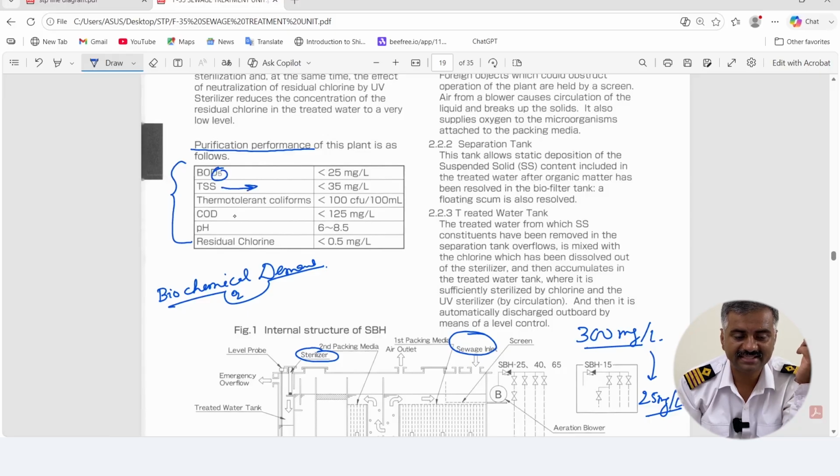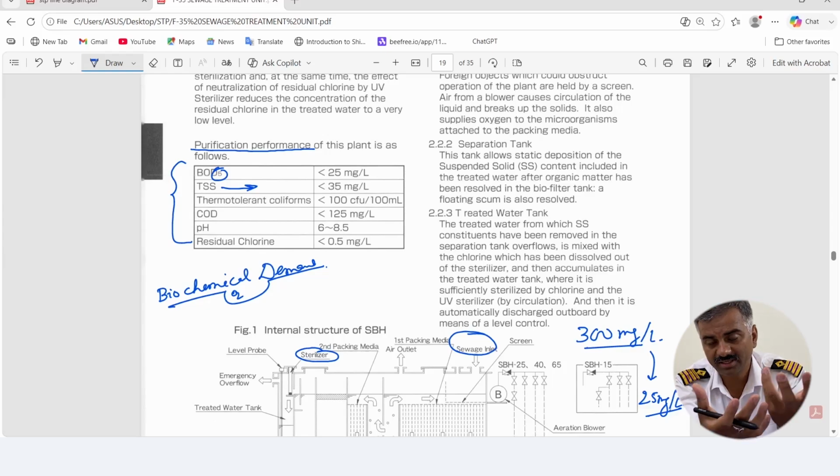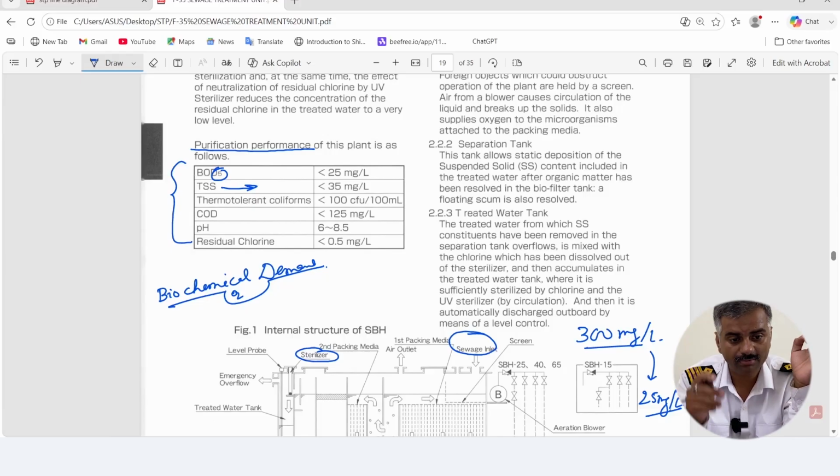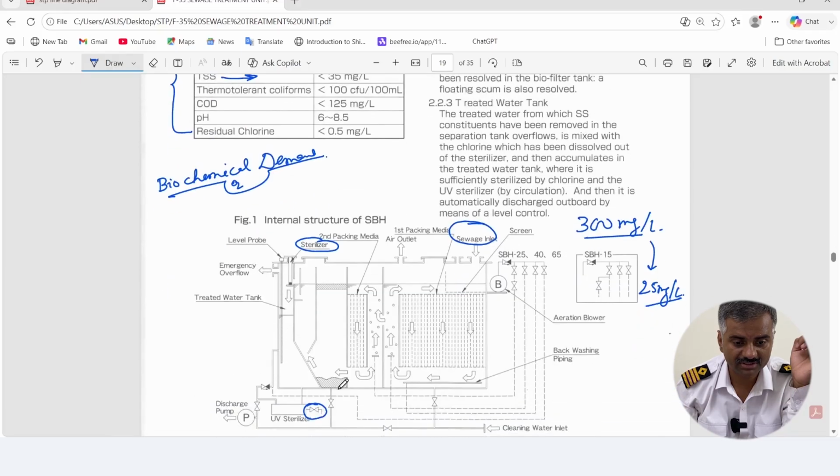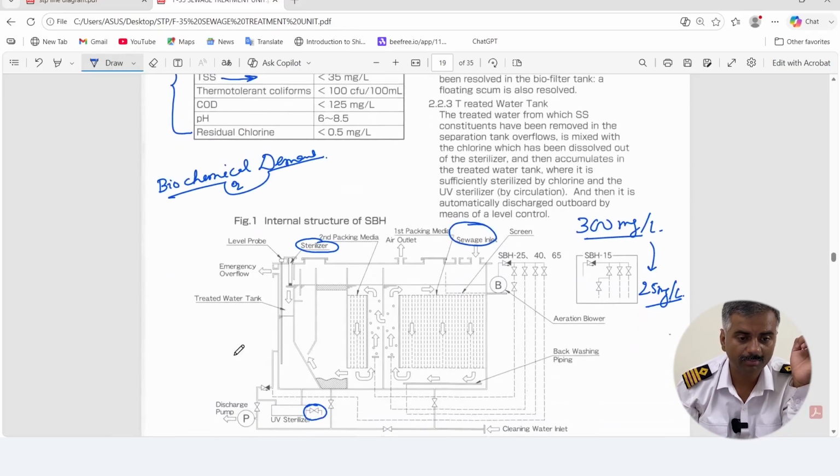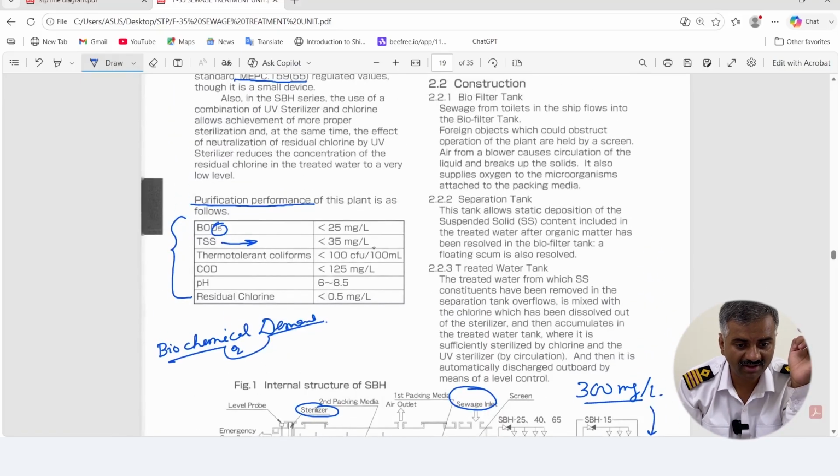Next is the TSS, which is called total suspended solids. In our feces, in our excreta, there are some suspended solids present, which will not be decomposed by aerobic respiration. These solid particles will not be ultimately broken down, but as much as possible they need to be, and the water coming out from this sampling point should have only 35 ppm.